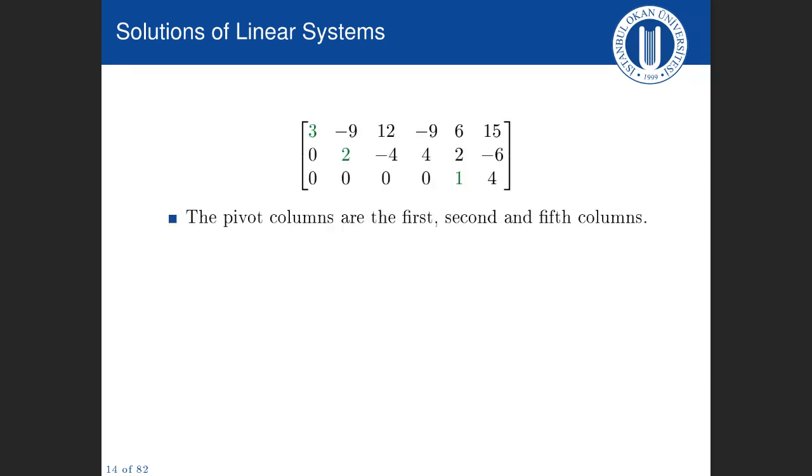Where are the pivots? Here's the pivots. I've put them in green. The pivot columns are the first, second, and fifth columns.